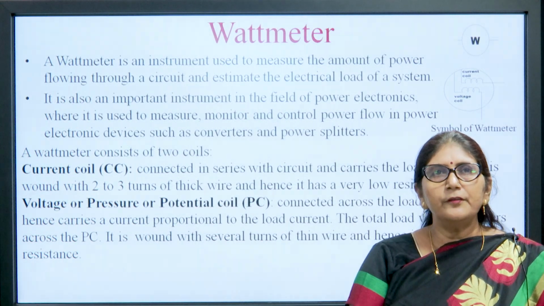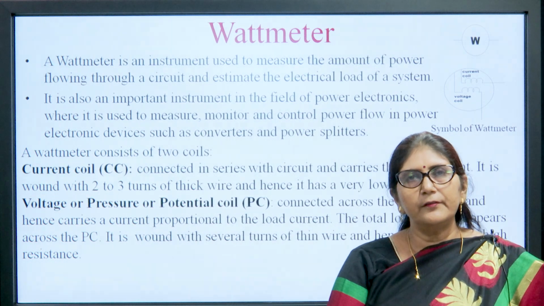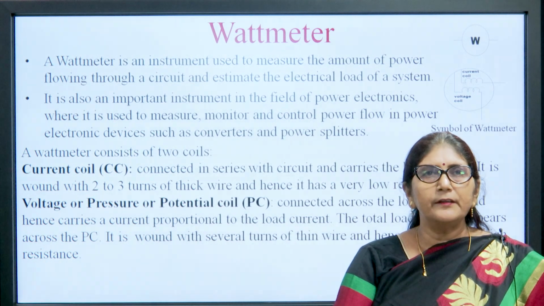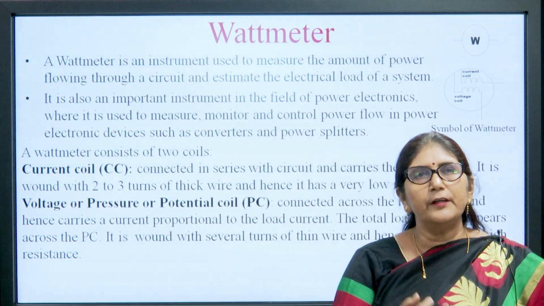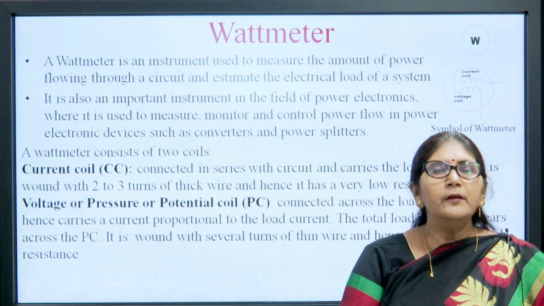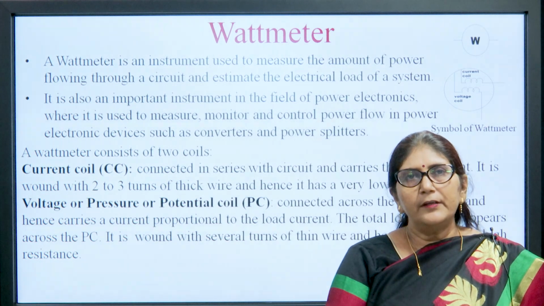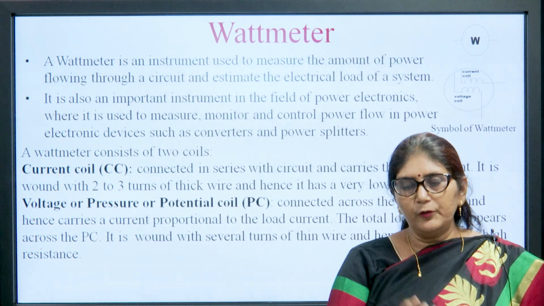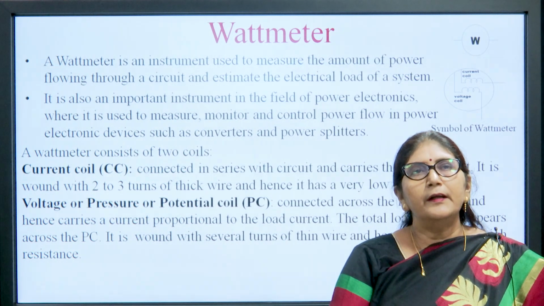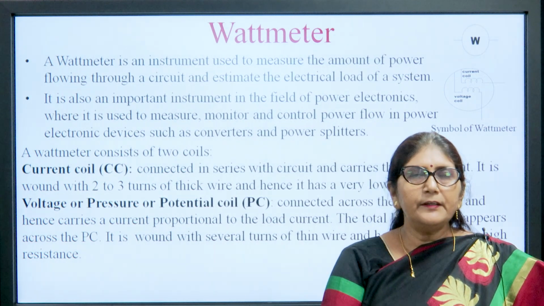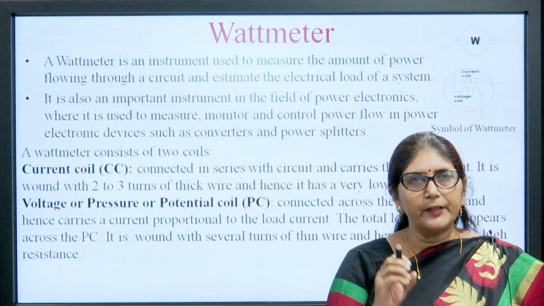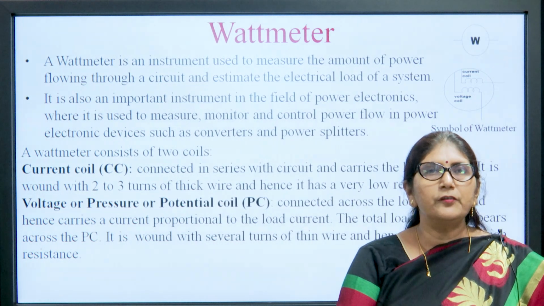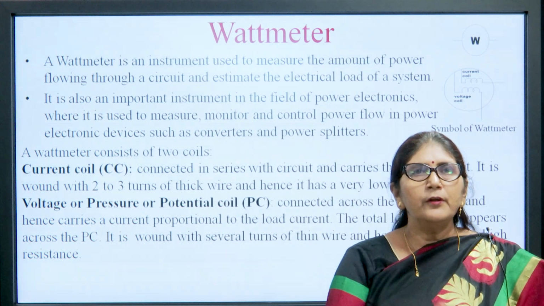Now, a wattmeter consists of two coils. Generally, a wattmeter consists of two coils, one is the current coil and the other is the voltage or pressure coil, also known as the potential coil. The current coil is generally connected in series with the circuit and it carries the load current. Since it is connected in series, it should have very low resistance, so that it can pass all the current flowing from source to load.